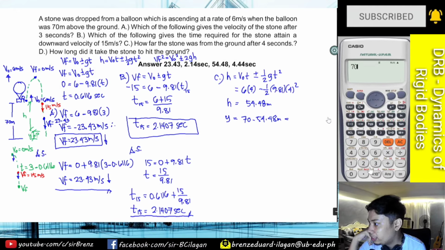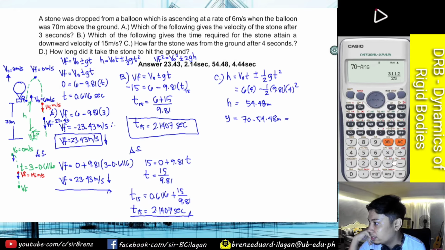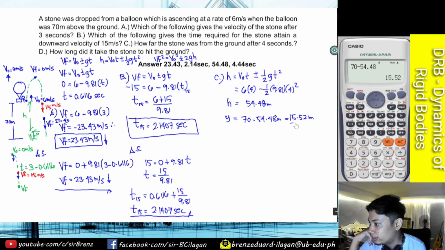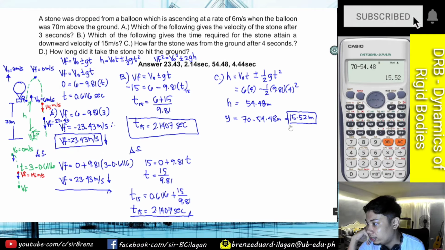Sorry, kasi negative naging add. So, 70 minus 54.48, that is 15.52 coming from the ground surface. Okay, so nagkamali lang siguro dito ng answer key. Ang tama dapat dyan, ito, if coming from the ground. Pero kung coming from the balloon, so ito, 54.48.